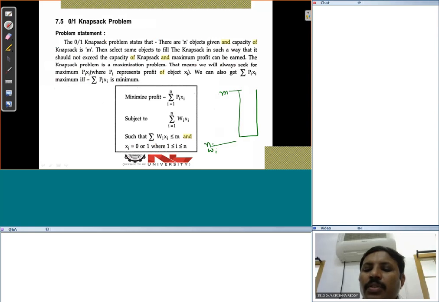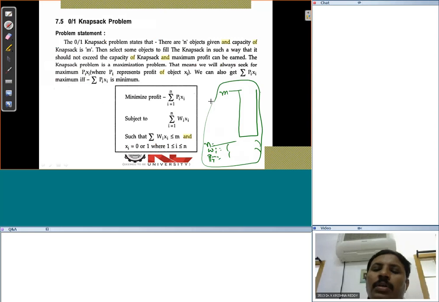For each object they will give weights, and for each object they will give profit values also, Pi values. Pi values are given and weight values are also given and the capacity of the knapsack is also given. Based on this, what they are asking in the knapsack problem is to identify the maximum profit value, based on which objects we have to place in the knapsack up to the maximum capacity of the knapsack. Means what is the maximum profit? Maximum profit is the sum from i equals 1 to n of pi xi.